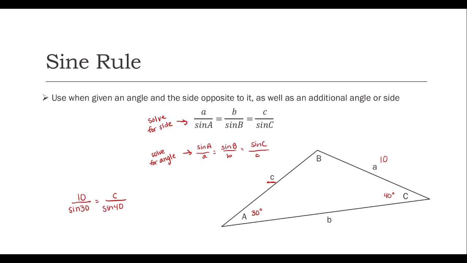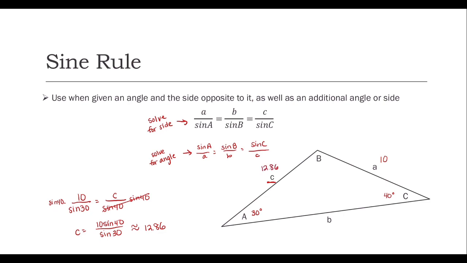To solve for c, we'd multiply both sides by sine 40. So c equals 10 sine 40 over sine 30, which is approximately 12.86 units. That would be your side length c.